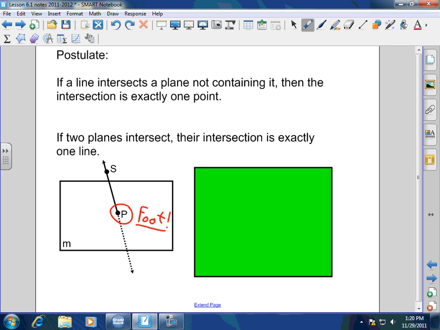So a line can intersect a plane at 1 point and only 1 point. Point P is the point of intersection of SP and plane M. So yes, is point P on plane M? Yes. Is SP on plane M? No.